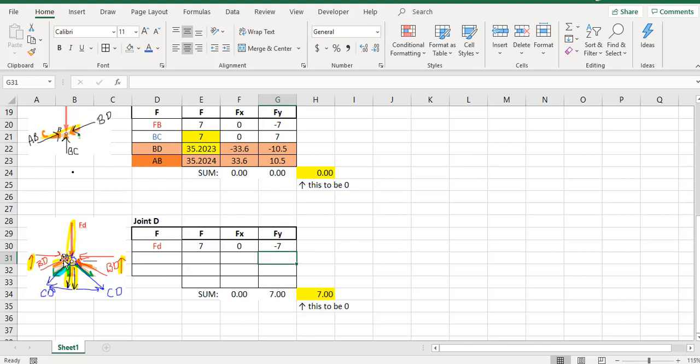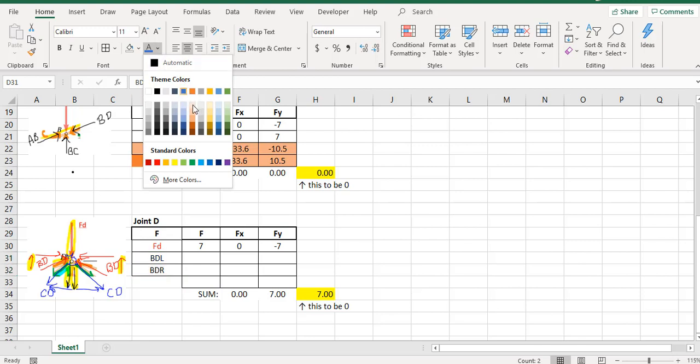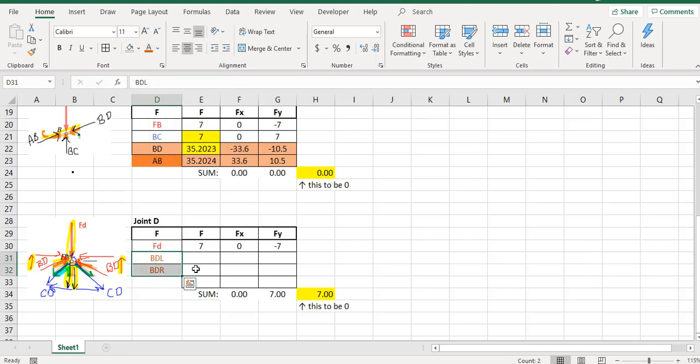I have BD. I'm going to call this BD on the left and BD on the right. So these are my compression members. So maybe I'll make them like orange for compression.